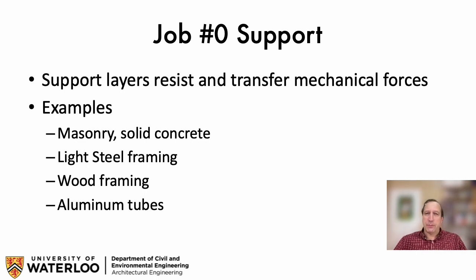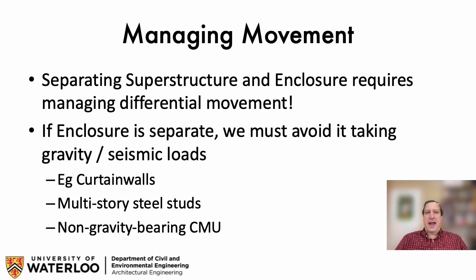And then I mentioned aluminum tubes as being quite important to understand as a support structure, which is what we use for a lot of curtain walls and window walls and so on. So that was the support side.